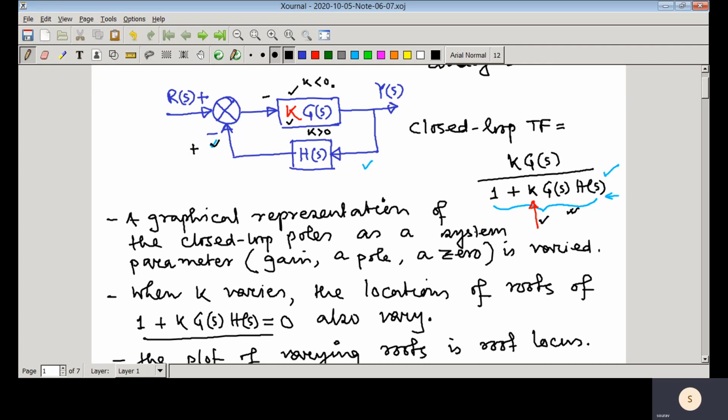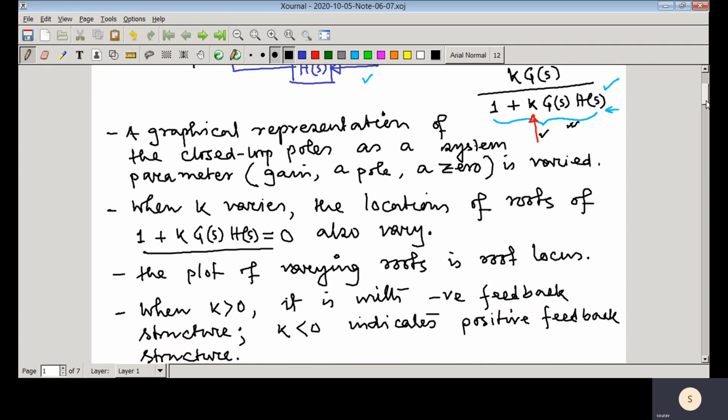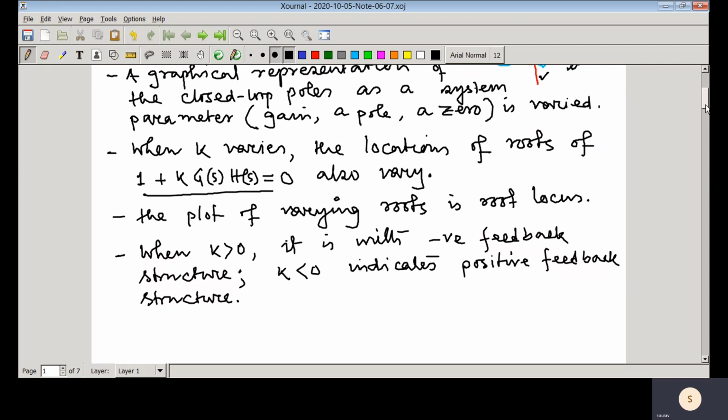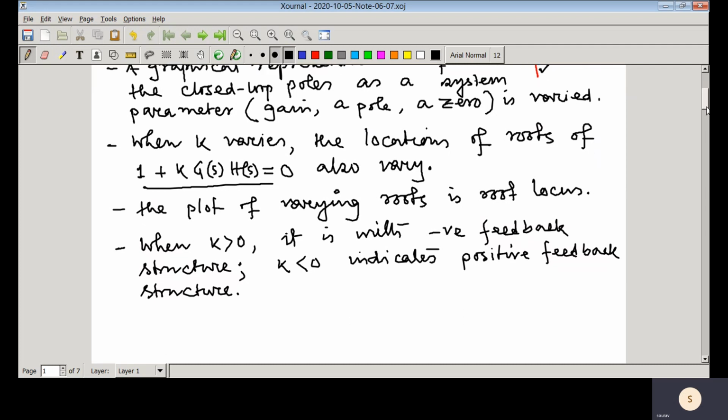When k is negative, we can just put the negative sign here, and if we put positive here, then effectively again it would be 1 plus kG(s)H(s). So our aim is to formulate this problem, a closed loop control system problem, in this particular framework. That is called the root locus framework.